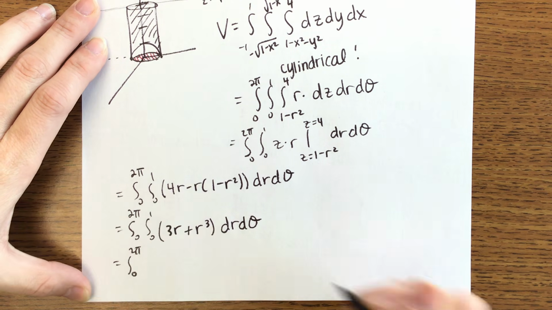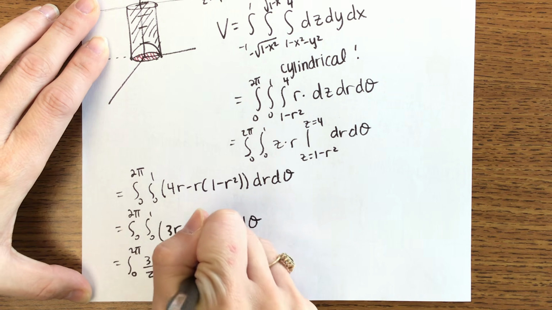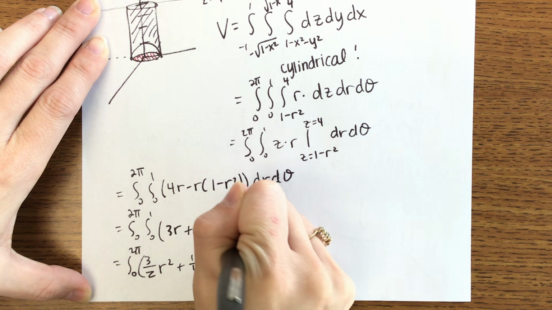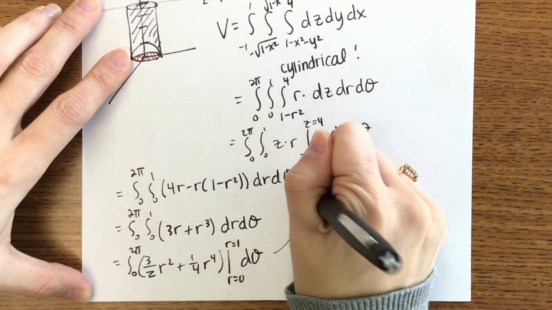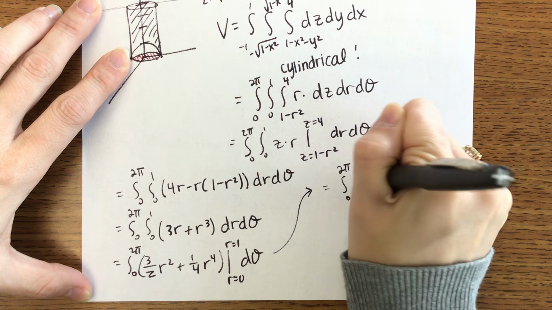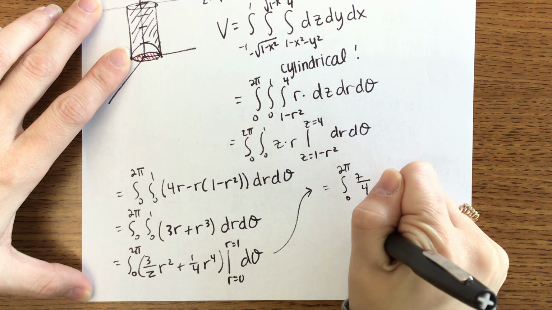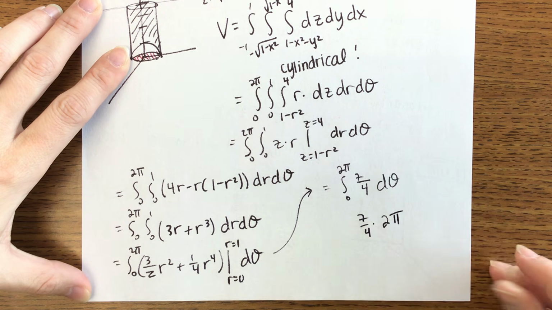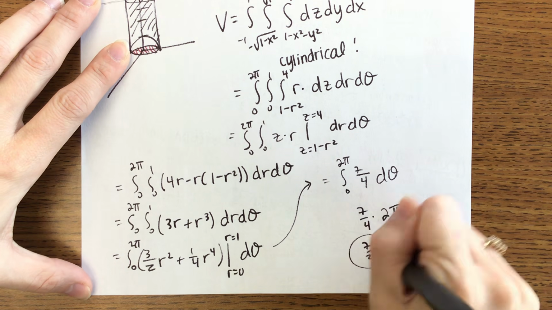So now integrating with respect to r, I get 3 over 2 r squared plus 1/4 r to the 4th from r equals 0 to r equals 1. So this is the integral from 0 to 2 pi of 7 over 4 d theta. So we'll end up with 7 over 4 times 2 pi, which is 7 over 2 pi.